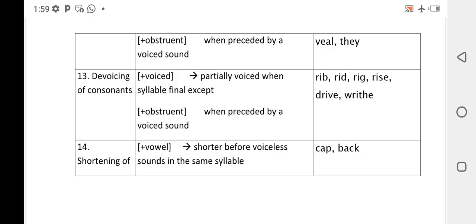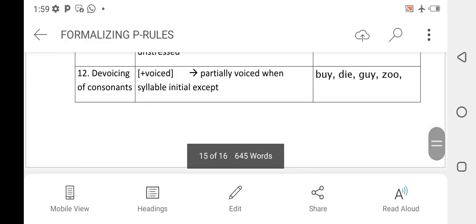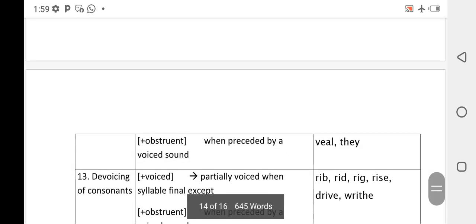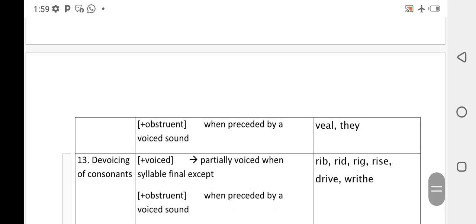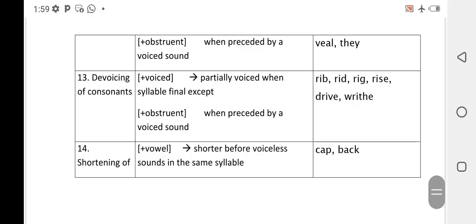So they are partially voiced when at the final position. They are also partially voiced when at the syllable initial position and syllable final position, except when they are preceded by a vowel sound coming before them.